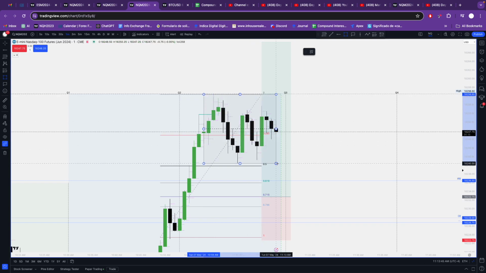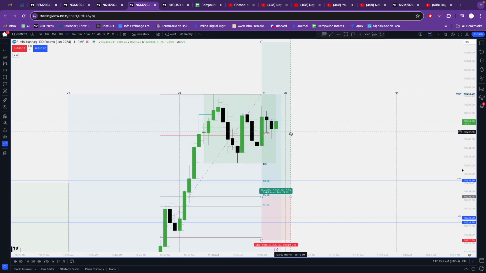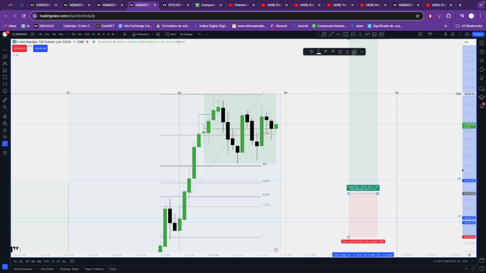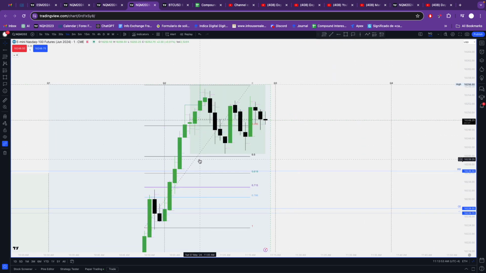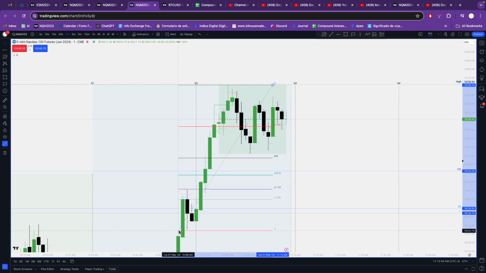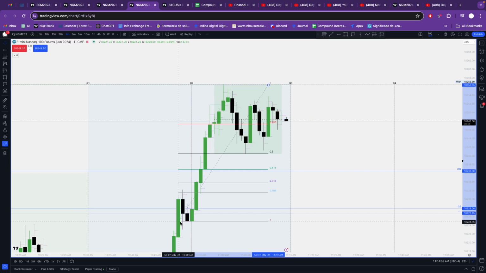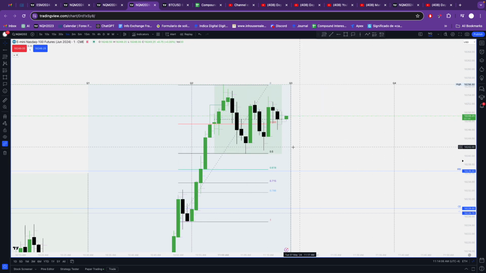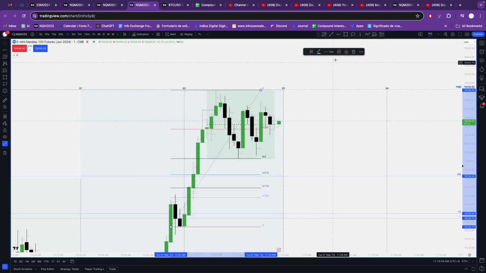Accumulation. You might be asking why here. This is a fair value gap, and I mean, we could technically take this low here for our range. This goes to equilibrium. Okay, that's fine, right?